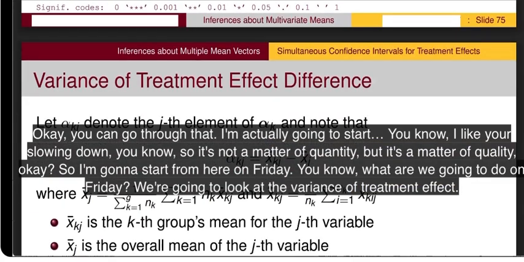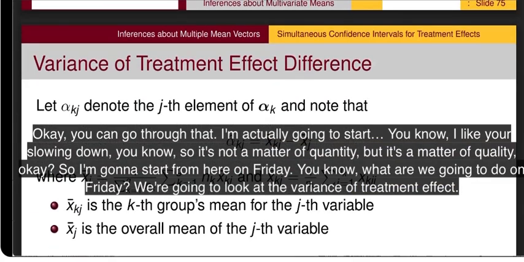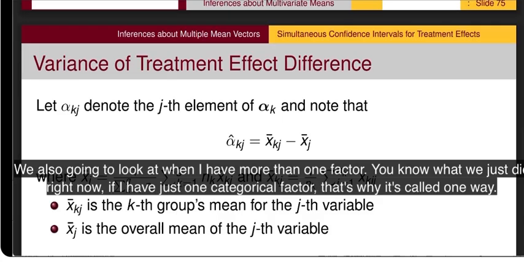I like slowing down. It's not a matter of quantity, but a matter of quality. So I'm going to start from here on Friday. What are we going to do on Friday? We're going to look at the variance of treatment effects. We're also going to look at when I have more than one factor.